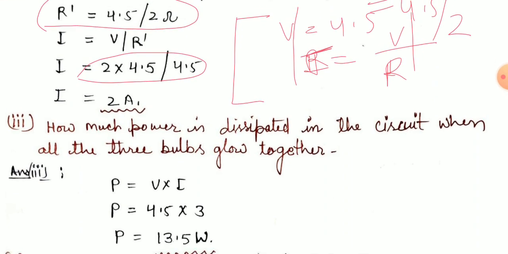When we calculate this, the 4.5 will be cancelled, and we will get the value of I as 2 ampere.